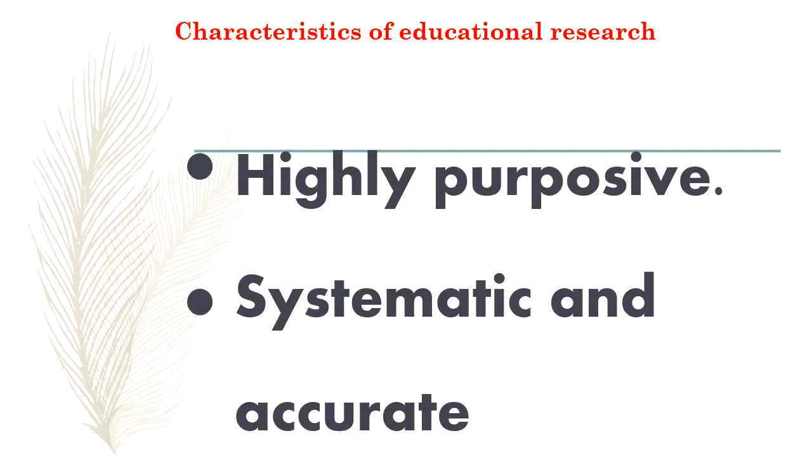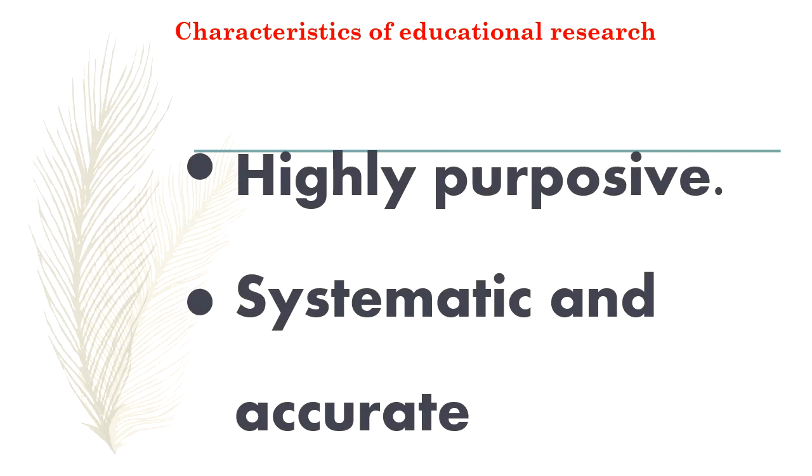In the same way in educational research, whenever we try to find out the solutions of the problems in the field of education, we purposefully do certain changes, certain activities, certain work. That's why we say that educational research is highly purposive. It is done by doing different purposeful activities.